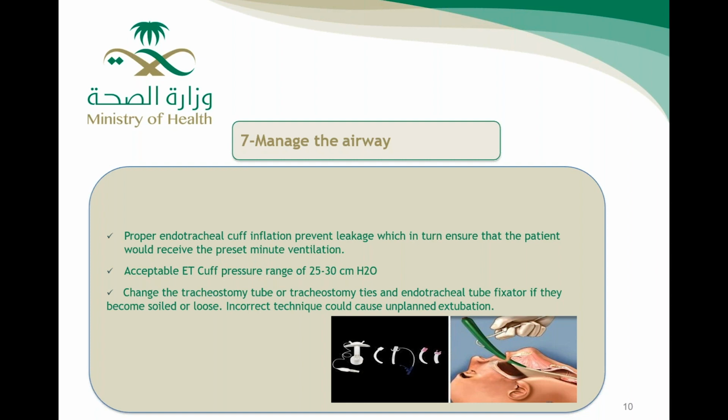We will not overinflate or underinflate, because it might cause a leak on the ventilator. So we will give the patient his target tidal volume and minute ventilation. We'll make sure there is no desaturation. So it is very important to check the cuff pressure and leakage.